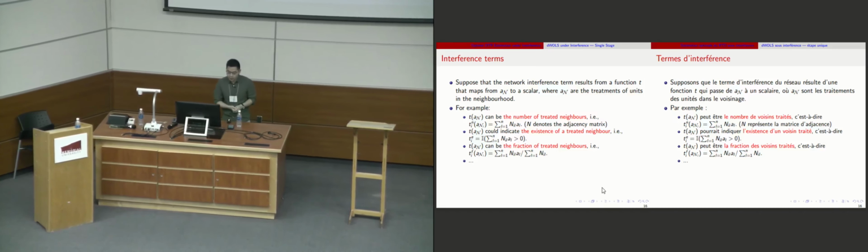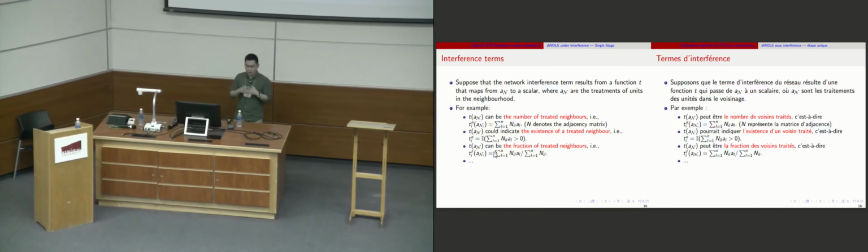For example, the interference term for the mapping function T could be the number of the treated neighbors. It can be expressed in this form, with the capital N here denoting the adjacency matrix. And this mapping function could simply be an indicator function, which indicates the existence of treated neighbors. In addition, this mapping function can be a fraction of your treated neighbors.